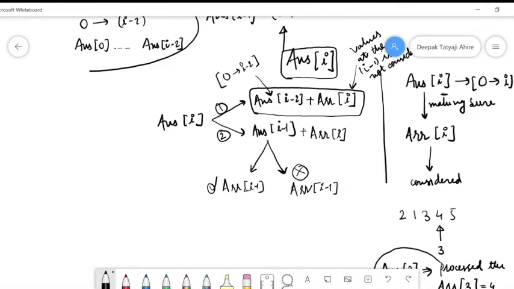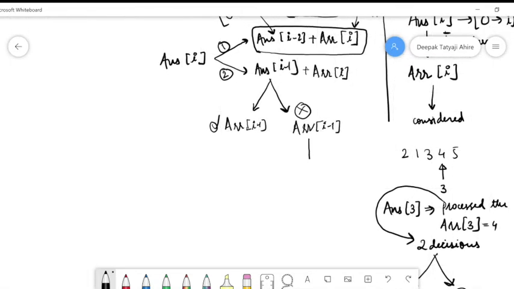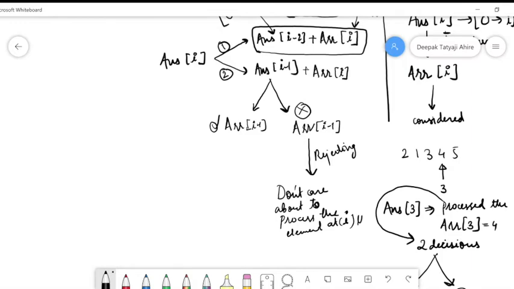Now, if I am rejecting the value at I minus 1, then I don't care about processing the element at the ith position.